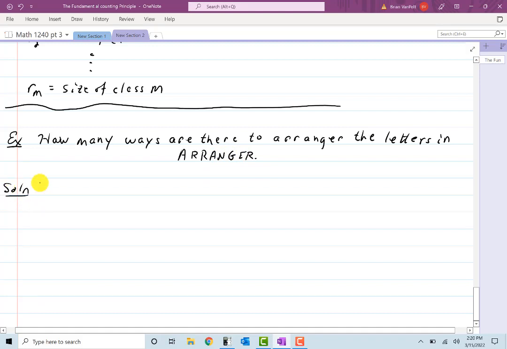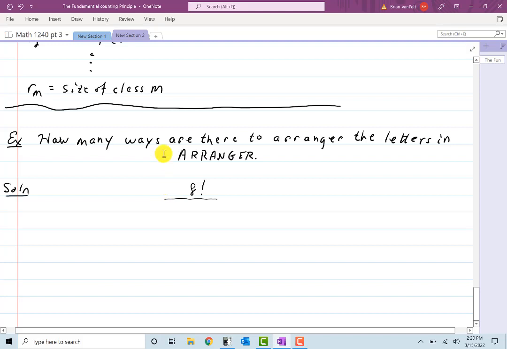Well, the way we do this is the following. First, let's count how many items are in the whole collection. So we have 1, 2, 3, 4, 5, 6, 7, 8. So we have a total of n equals 8. So I have 8 factorial because there's a total of 8 letters.